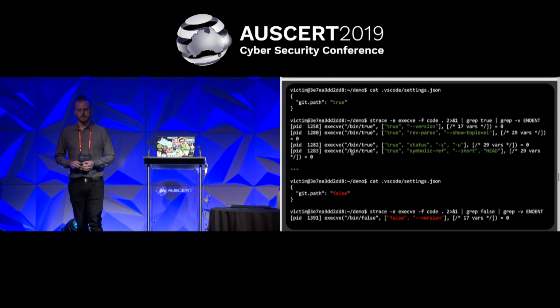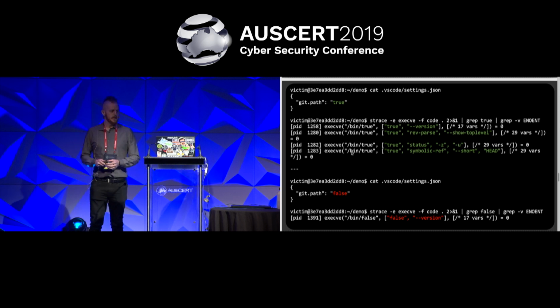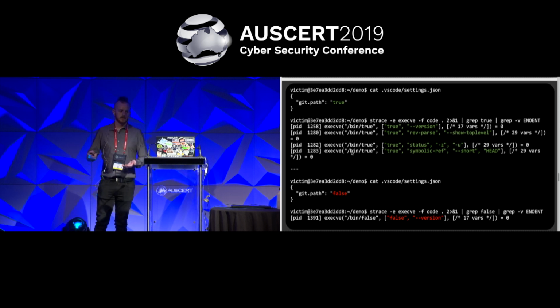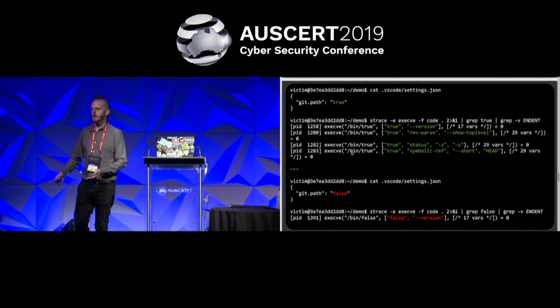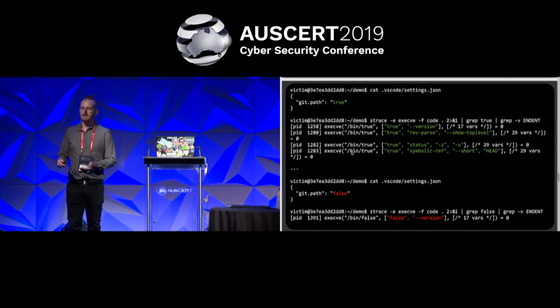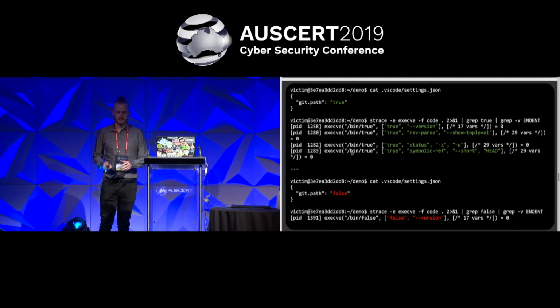So I set the git.path to be true, which according to the man pages does nothing successfully. And I saw that VS Code was running true --version, true rev-parse, true status, and so on and so forth. These are all Git subcommands that you'd normally do, like git rev-parse, git status. But instead, VS Code was using the true binary.